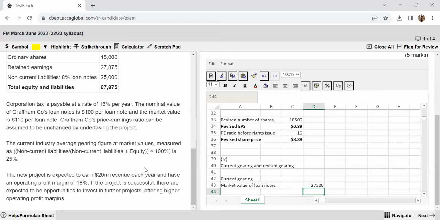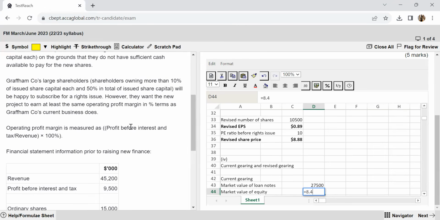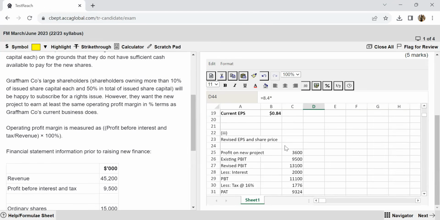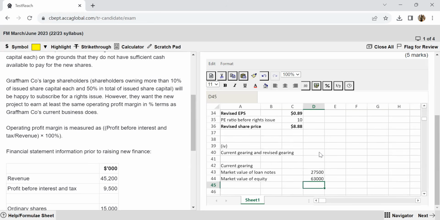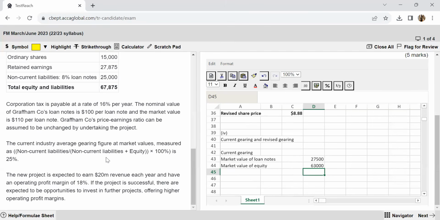So that means this is my market value of the loan notes as of now. And how much is my market value of equity? My market value of equity is 8.4 multiplied by the number of shares. So 8.4 multiplied by number of shares we had just found out, 7,500. So with this, I have both my market value of equity as well as my market value of loan notes.